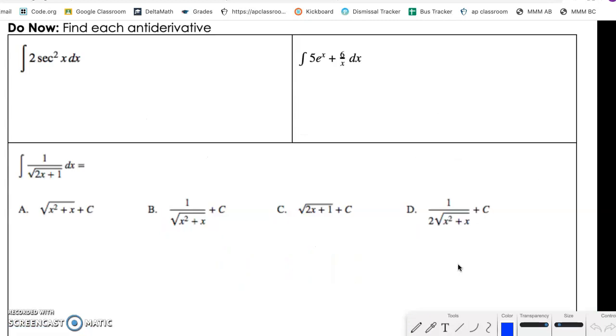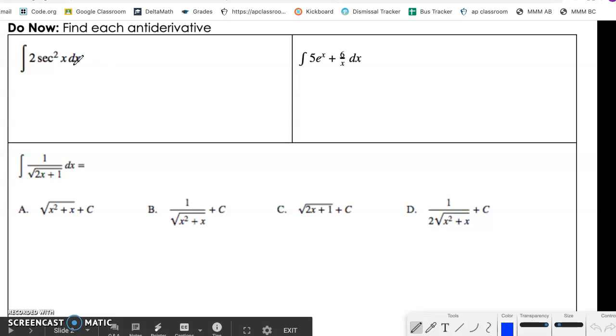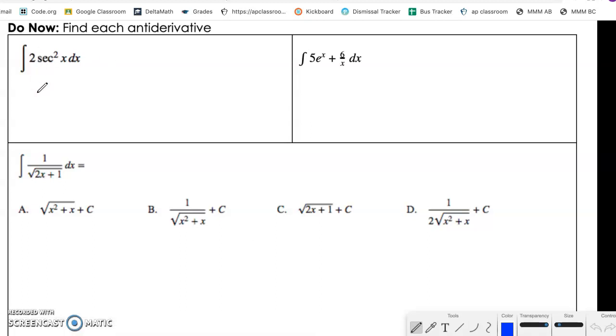All right, let's go over these. So first, for 2, we're doing antiderivative. If we have a constant, the constant just stays in front. The antiderivative of secant squared is just tan x.